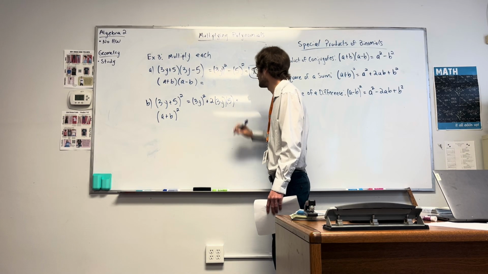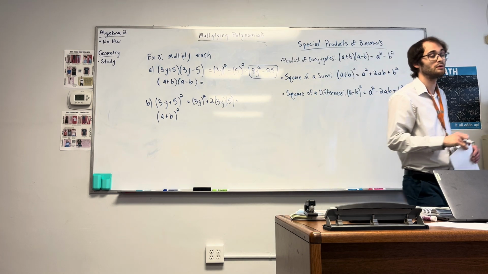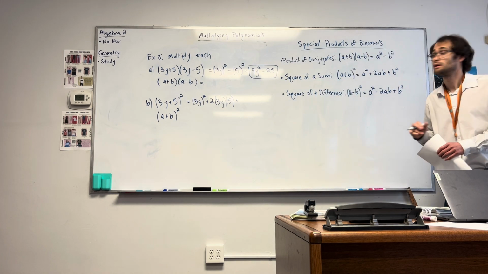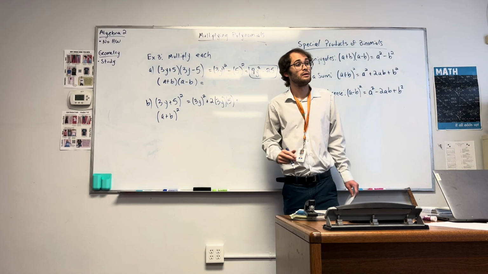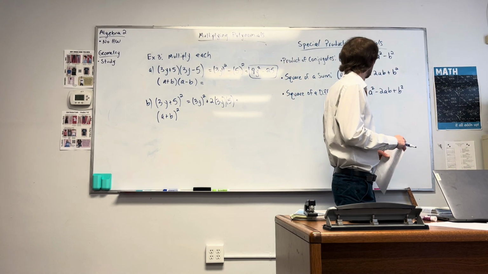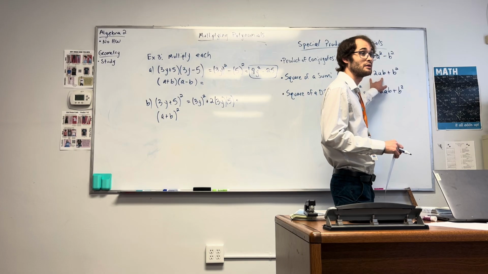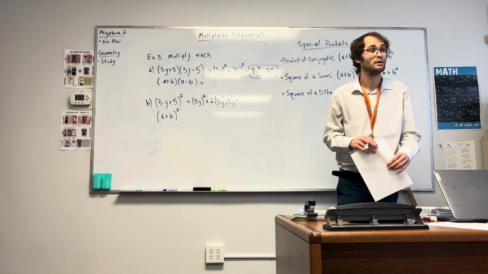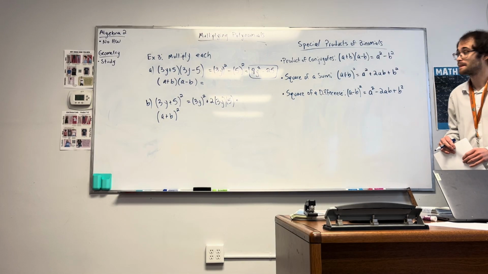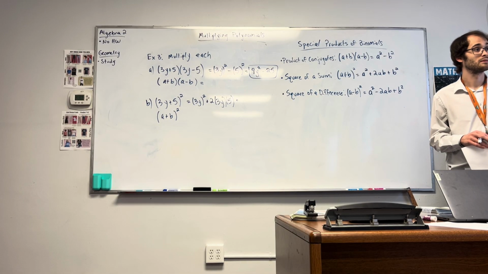Where'd the a go? Where did what a go? Right there. 2ab. This is just a formula, Mason. Well, how did you get the formula and pull it over? Don't you think we would have another letter?